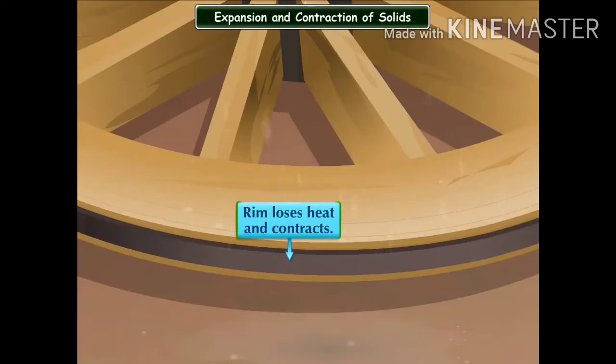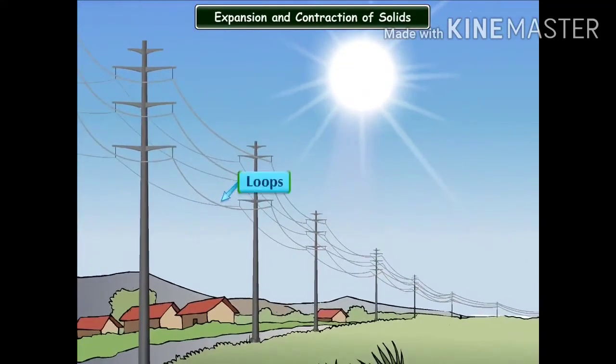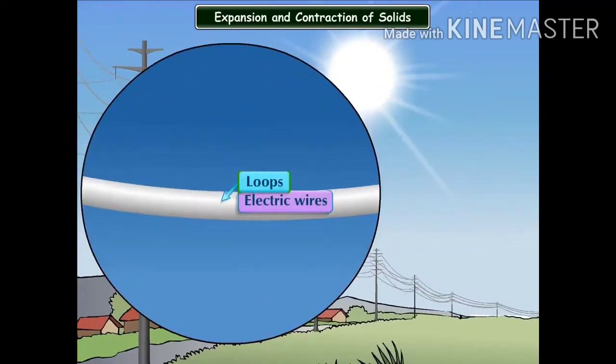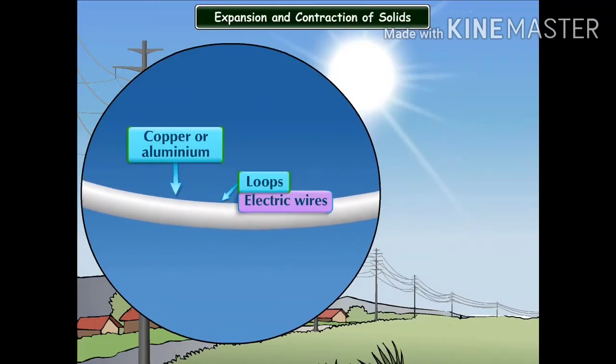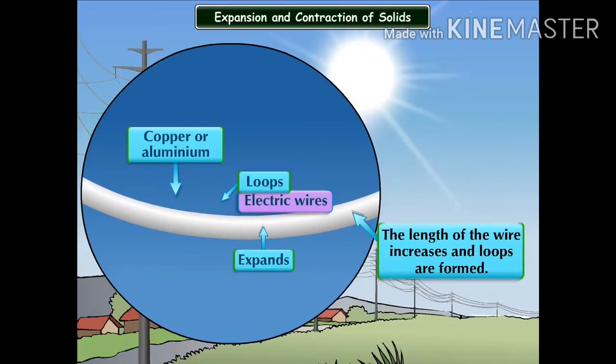This shows thermal expansion of the rim. Electrical wire loops are formed during the summer season because the wires are made of copper or aluminium and they expand due to the extreme heat, and there is an increase in length of the wire. So loops are formed in summer.